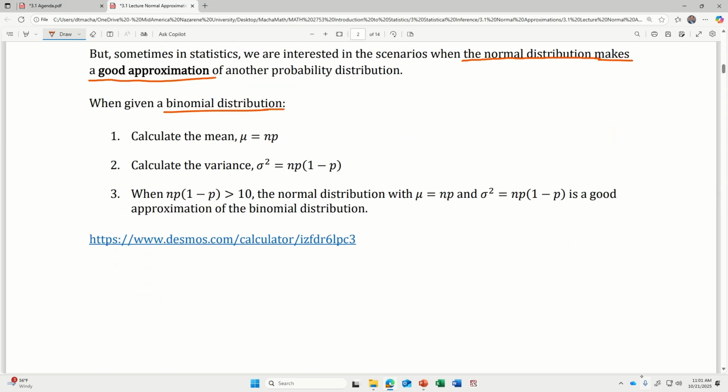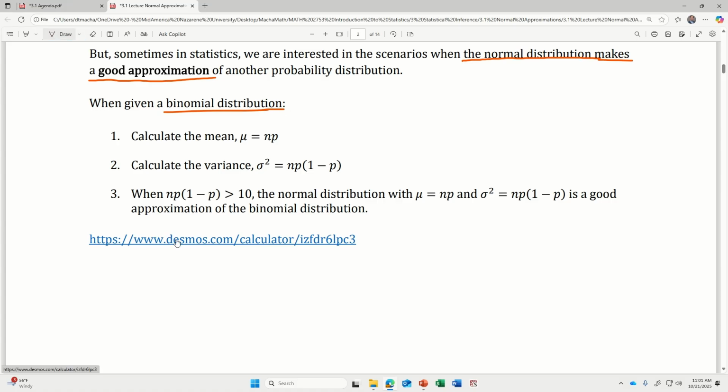We are going to take a binomially distributed random variable. We're going to calculate the mean, n times p. We're going to calculate the variance, n times p times 1 minus p. And then if my variance is greater than 10, it turns out that the normal distribution looks really, really close, really similar to the binomial distribution.